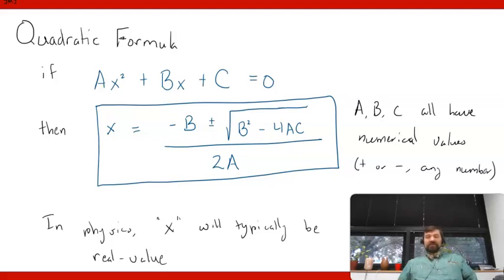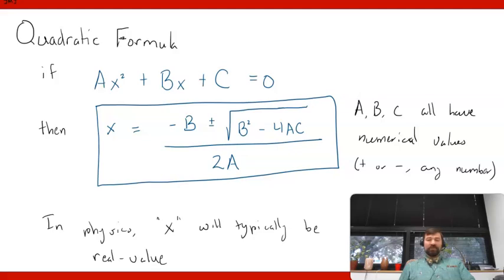This is kind of an aside, but a fun aside nevertheless. In quantum mechanics, x might stand in for some observable. Not that we necessarily are using the quadratic formula to solve for it, but if that is true, then the measured possible values of x must all be real valued.